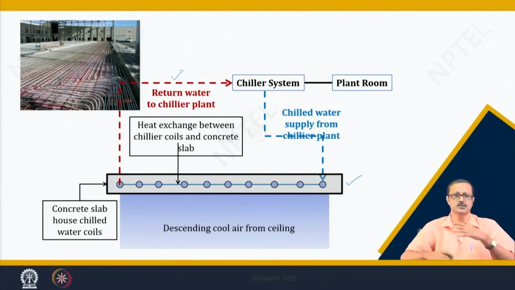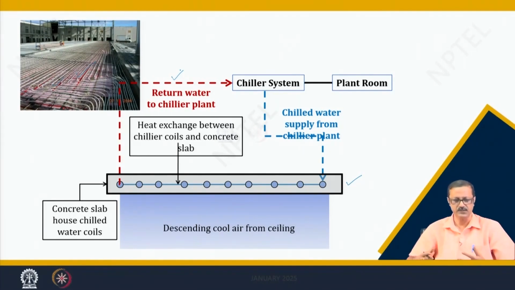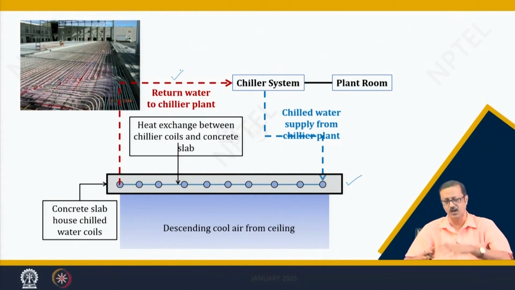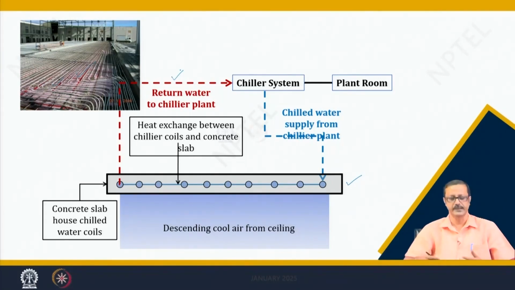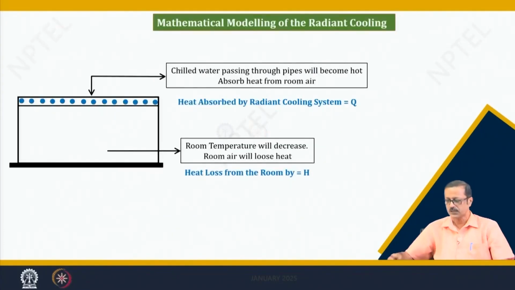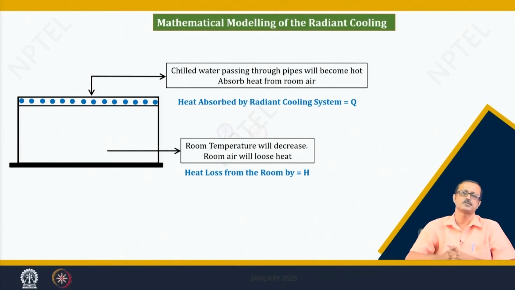By virtue of the thermal exchange it will be a little bit hotter, because it is passing through a hot surface, and the hot surface becomes cool. That heat will go and raise the temperature of this chilled air, and the water also. Those are the basic principles.